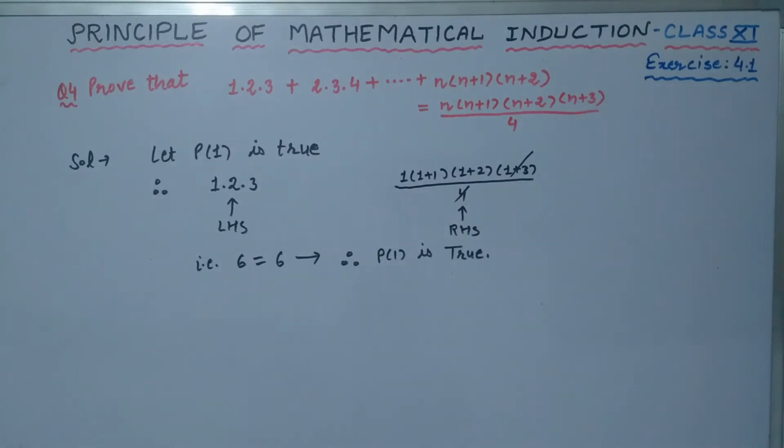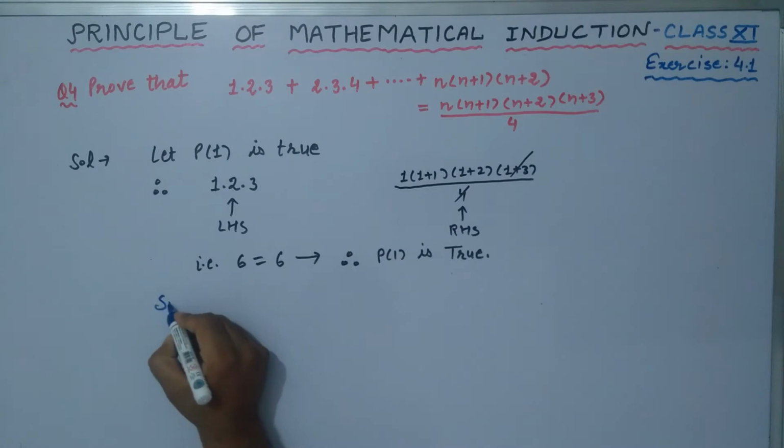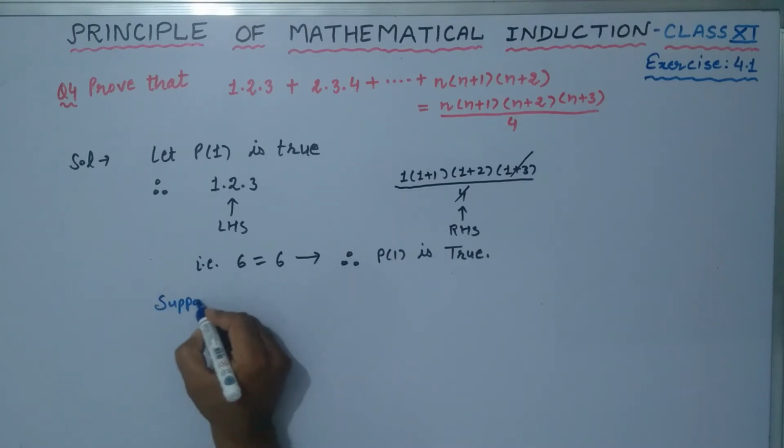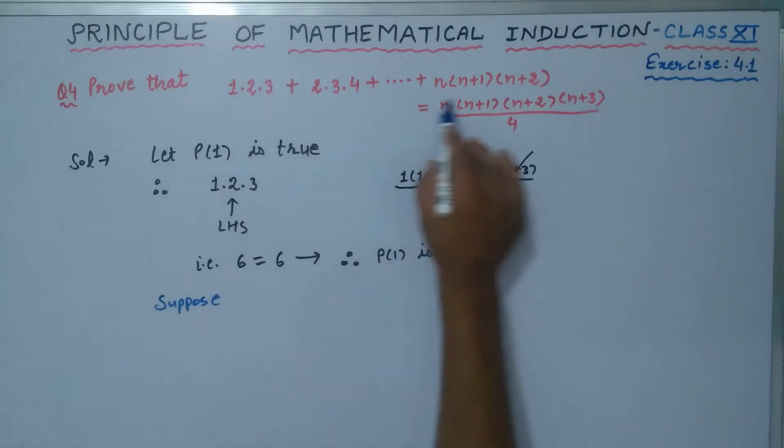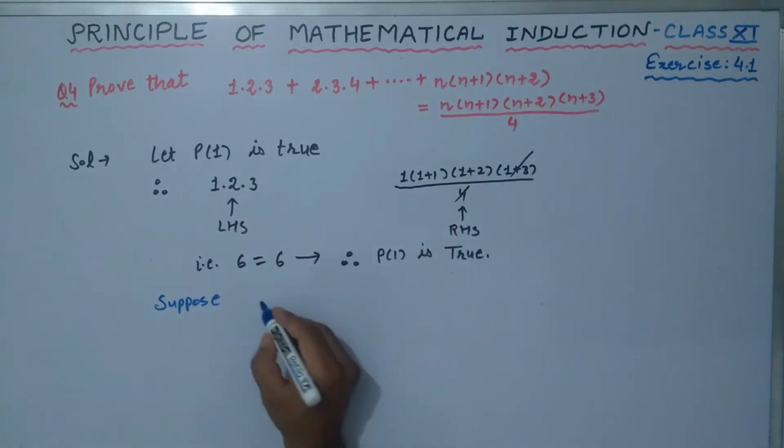P1 is true. Now the second step: we suppose that Pk is true, that is, the given statement is true for n is equal to k.